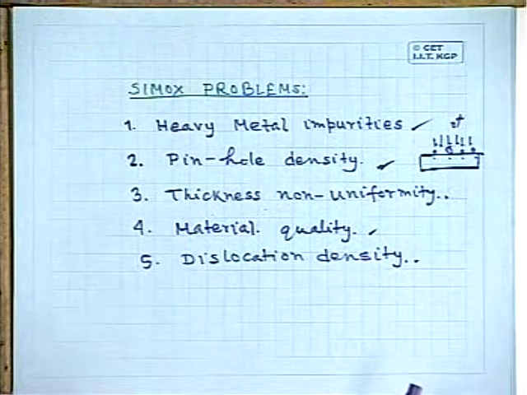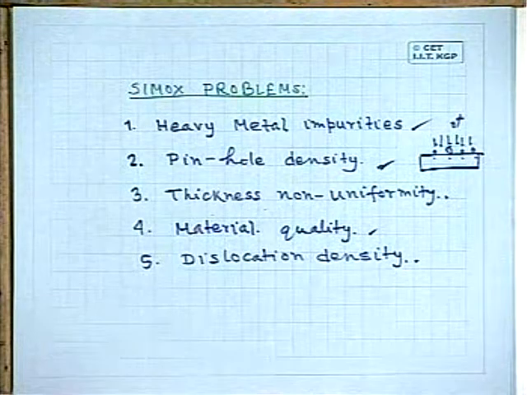Why? Because high energy and high dose implant takes a longer time, and that means the throughput will be extremely low. So automatically the process is expensive, and the cost of the device will be high.